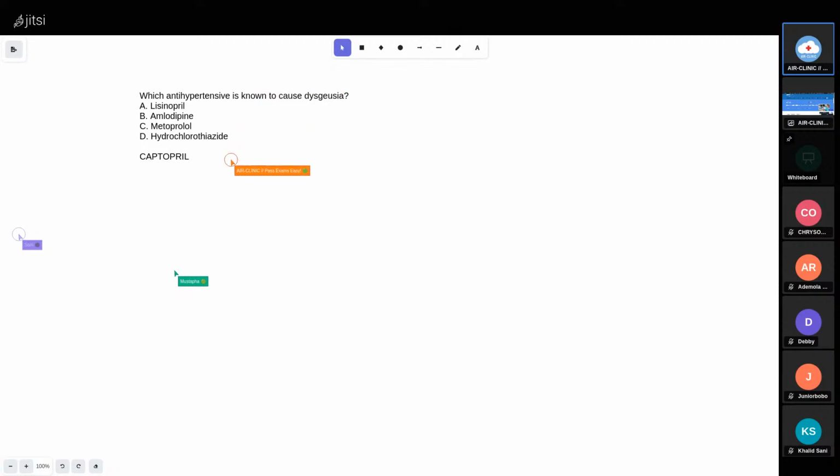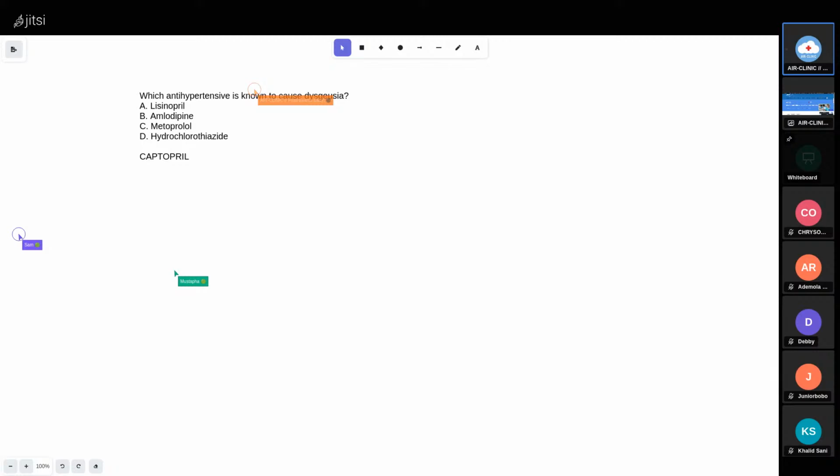So C is for what? There's cough, angioedema, protein, potassium, like hyperkalemia. What's T for? O is edema. R is renal involvement. What's the I and what's the L?